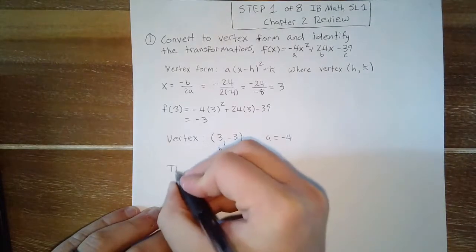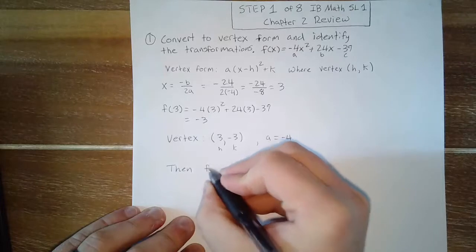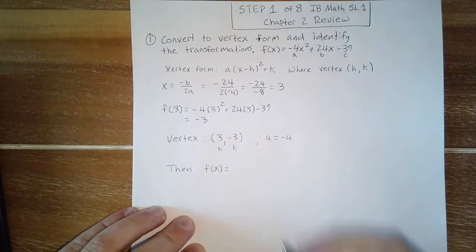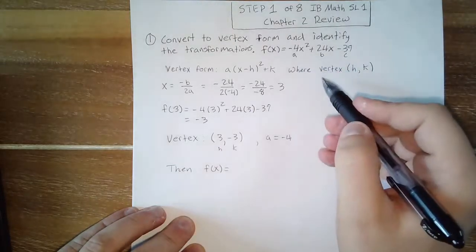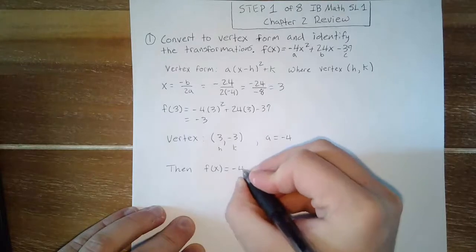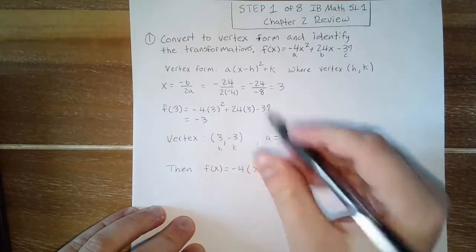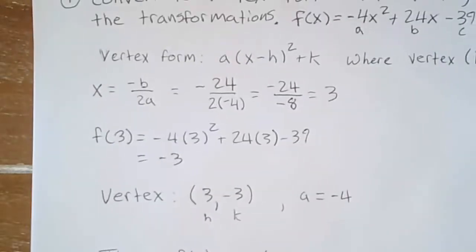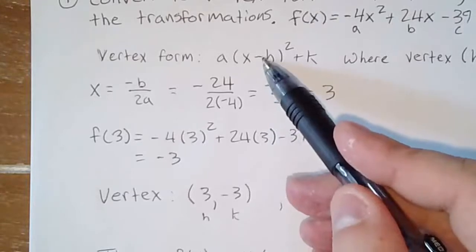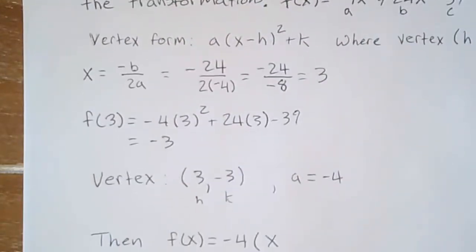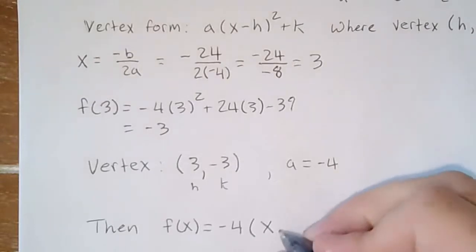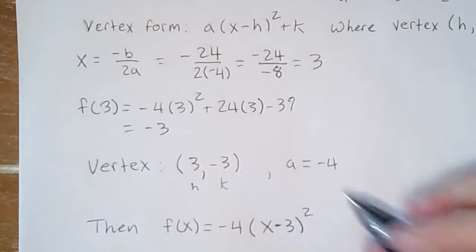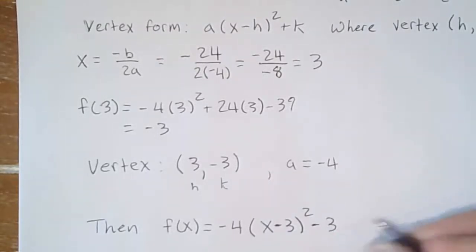Then that means our function in vertex form is going to be a, which is negative 4, times the quantity x, and then up here we see in vertex form we have this minus h, so we really want the opposite of whatever our h value is, and the opposite of our h value is going to be negative 3, squared, and then plus k, and k in this case is negative 3, so we can say minus 3.